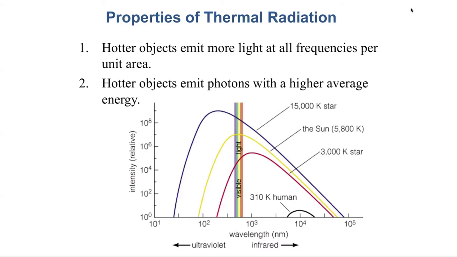It goes towards shorter wavelengths, or higher energy. It goes from a peak at 10 to the 4 nanometers to 10 to the 3 nanometers for a cool star, to the sun, which is even less than that, to a much hotter star, which is peaking out here in the ultraviolet. So two things happen. Stars get brighter as you make them hotter, and the peak wavelength, the wavelength at which this distribution reaches its maximum, moves towards shorter wavelengths.